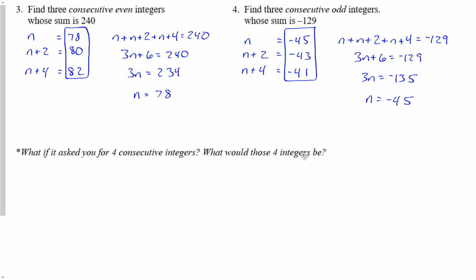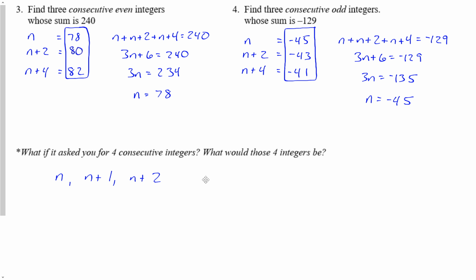And how would you show those? What would those 4 integers be? How would they be defined for the variable terms? Well, you'd start out the same way. You would just make sure you have 4 of them. So the first one is going to be n, or x, or again, whatever variable you decide you want to use. The second one would just be n plus 1, because it doesn't say odd or even. If it's just regular consecutive integers, you're just adding 1 each time.